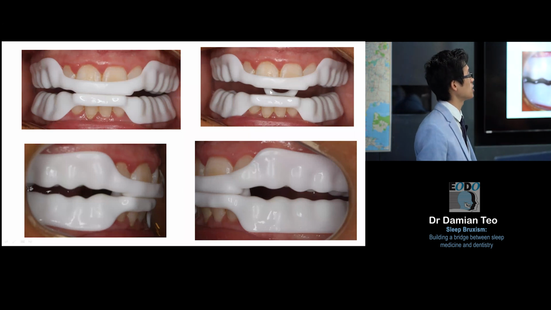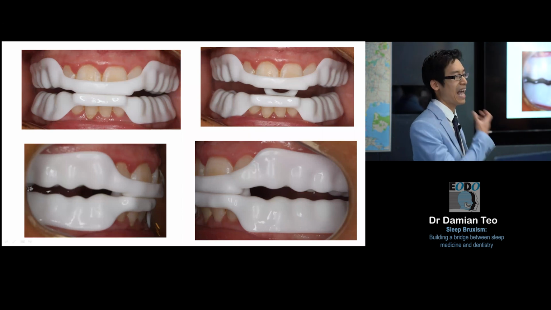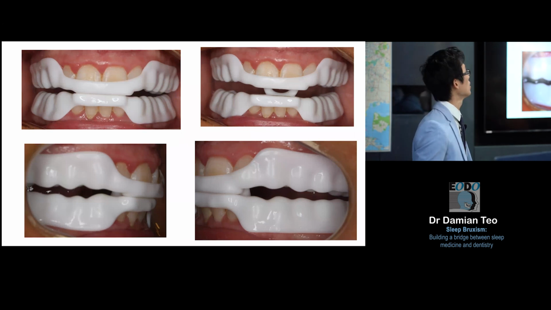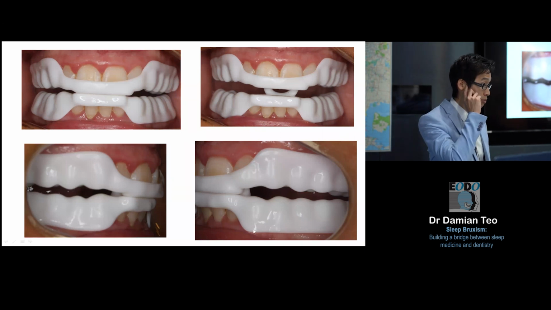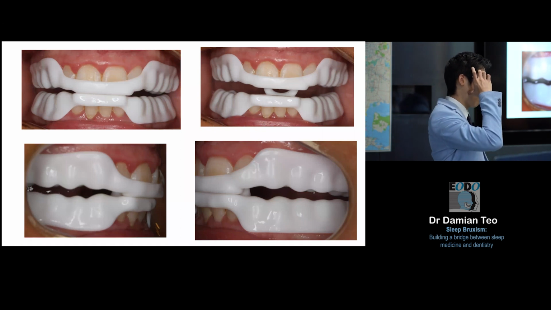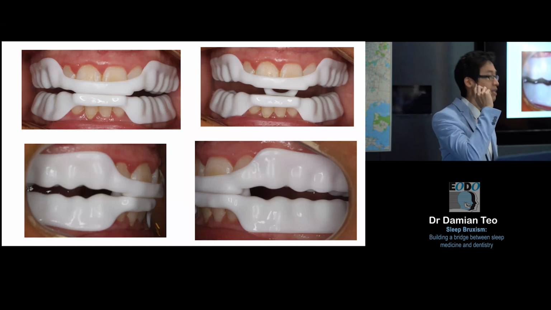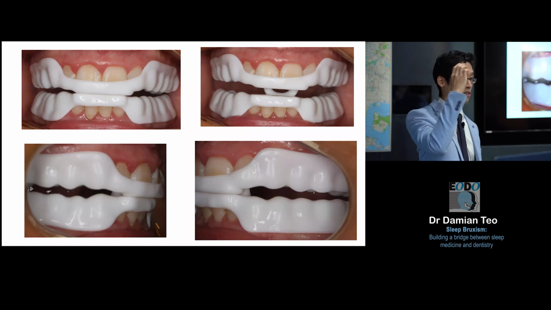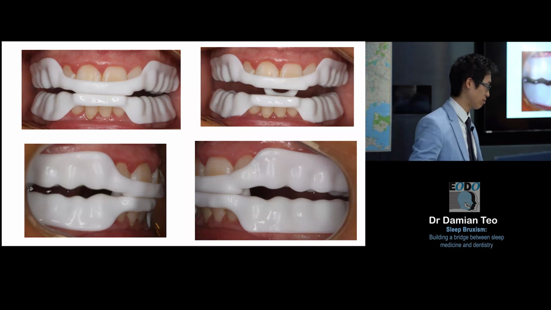I sometimes use these for sleep apnea patients because it can act as a mandibular advancement splint, but she had no snoring or sleep apnea. The reason I was using this was I wanted to hold her jaw forward, which helped decompress her mandible and also decompress the condyle, create more room in the TMJ interarticular space, and also decompress her masseters and temporalis.